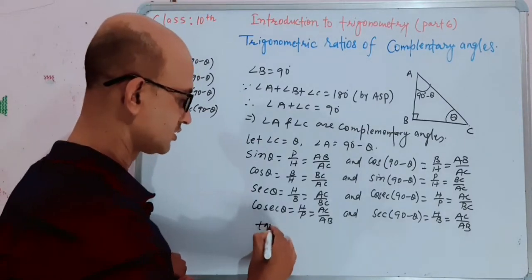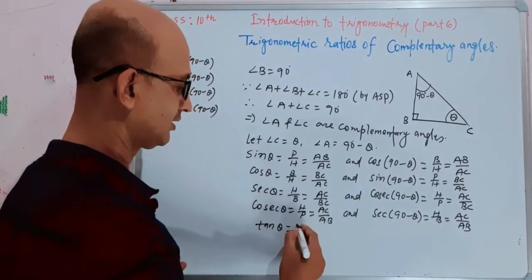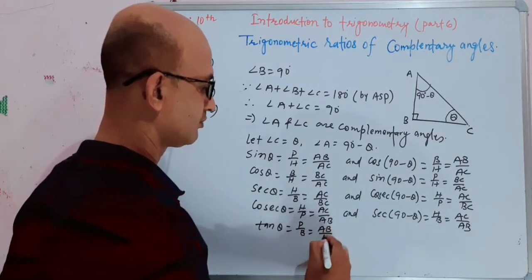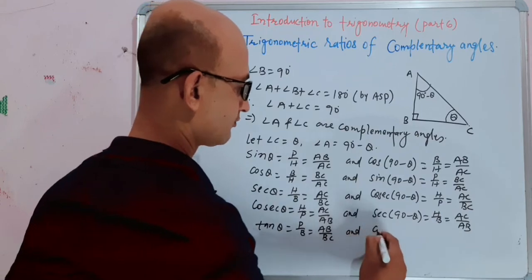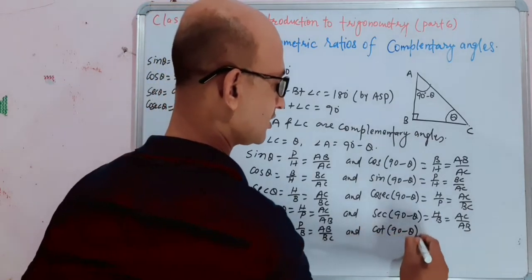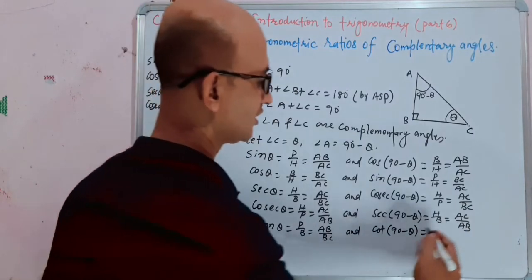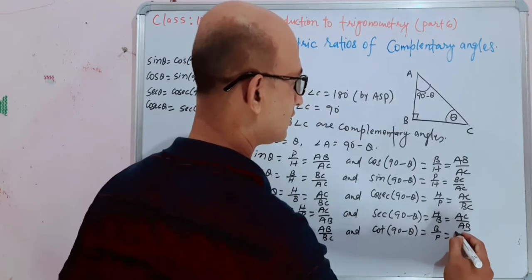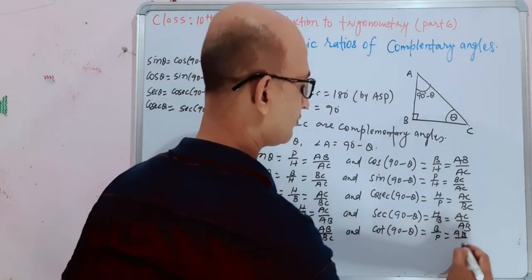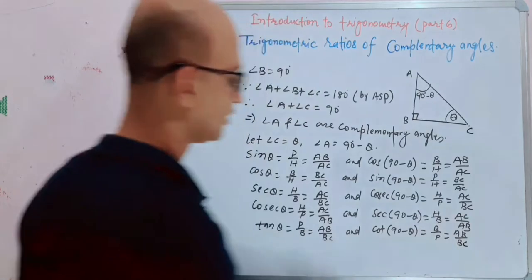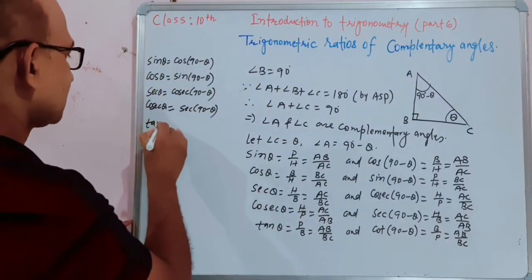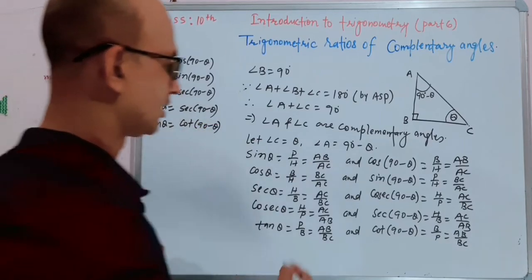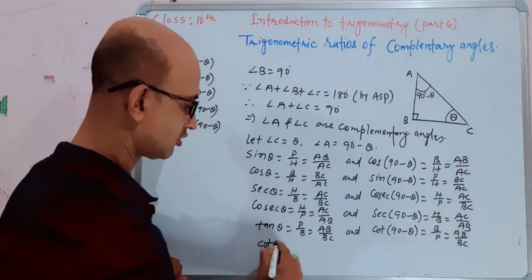Again find tan theta. Tan is the ratio of perpendicular and base, and perpendicular is AB, base is BC, and find cot of 90 minus theta. For 90 minus theta, base is AB and perpendicular is BC. So in this way we get tan theta equals cot 90 minus theta. And at the last find cot theta.